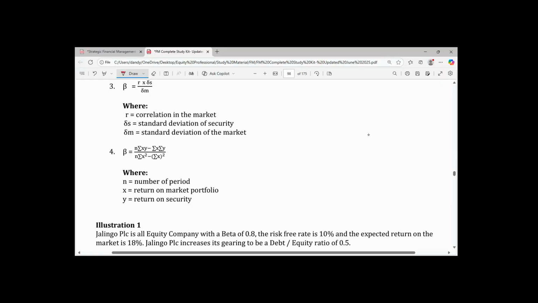Then we talked about the underlying assumptions of the capital asset pricing model. One of the assumptions of CAPM is that investors are risk averse. That is, they are utility maximizing and rational individuals.